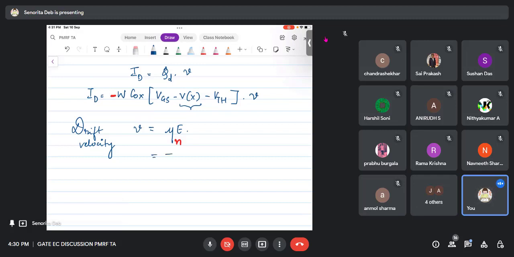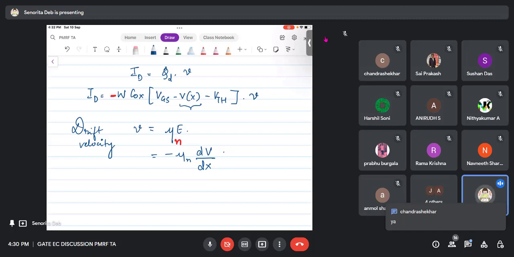E is given as dV by dx, right? Till here, is it fine? Okay, so this negative sign is because of the electric field, minus dV by dx.